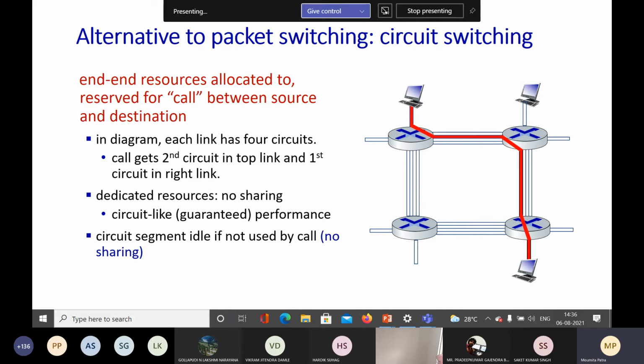You pick up the phone, you call somebody, and that call request goes to the central office, and the central office used to create a dedicated line to the destination house, to the destination number.